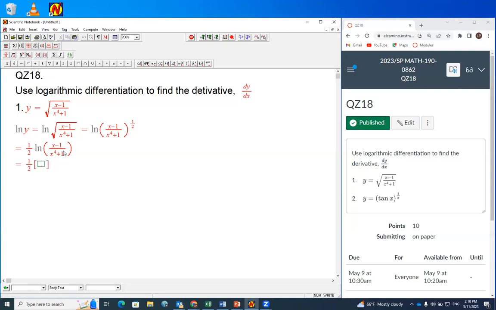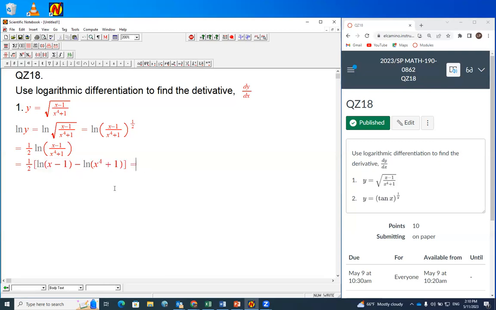Okay, in the bracket, we're going to apply the quotient rule: ln(x minus 1) minus ln of (x raised to the power 4 plus 1). Don't forget this bracket.